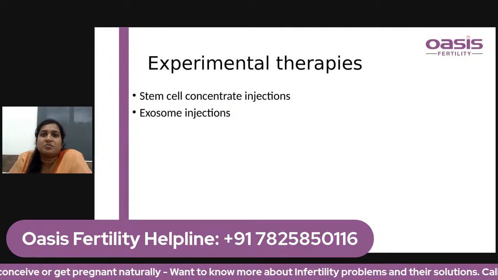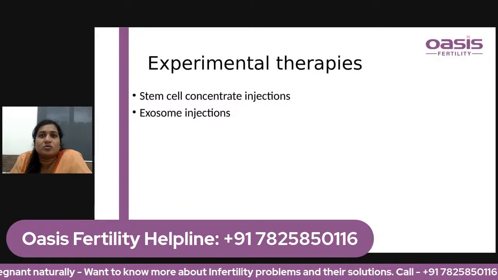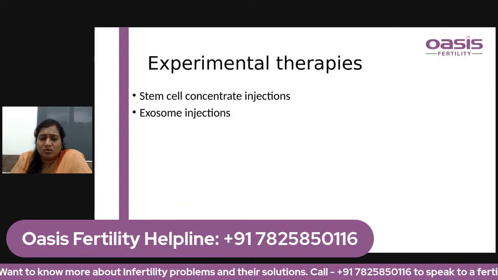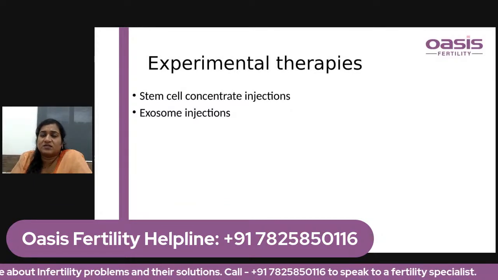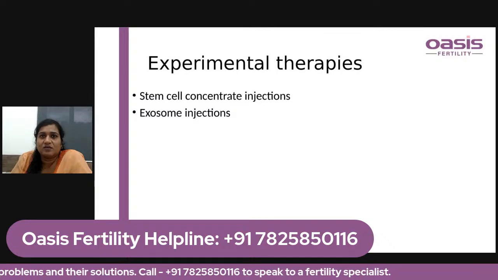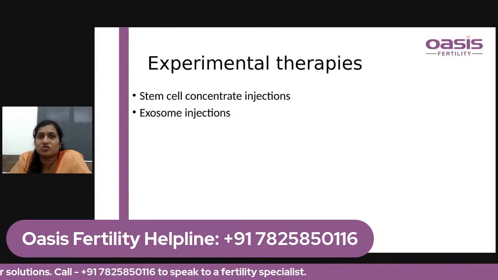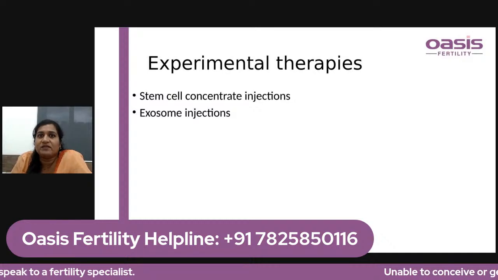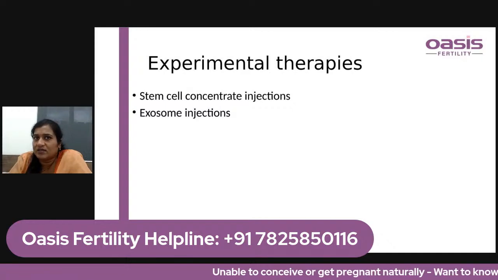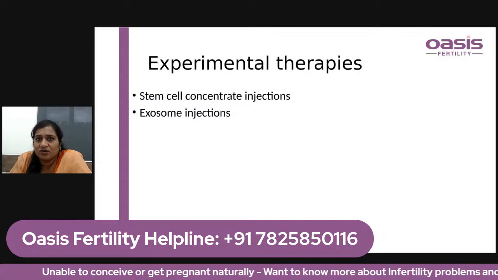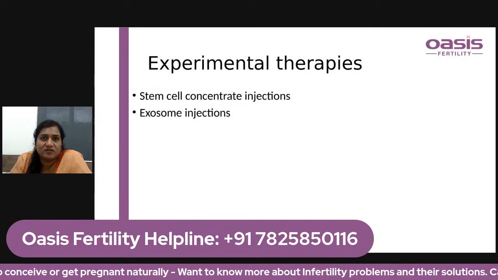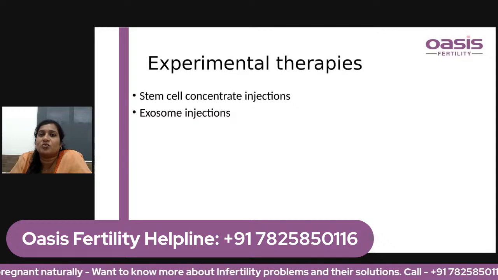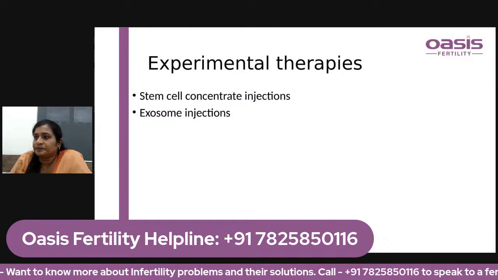Further one step advanced to that is exosome injections, where among these stem cells itself, we are going to identify activating factors, the exosomes, which are actual regions which promote growth, and then directly inject these into the ovary. All these are still experimental stages, but fast growing areas these are. So soon we might be seeing more and more procedures like this.